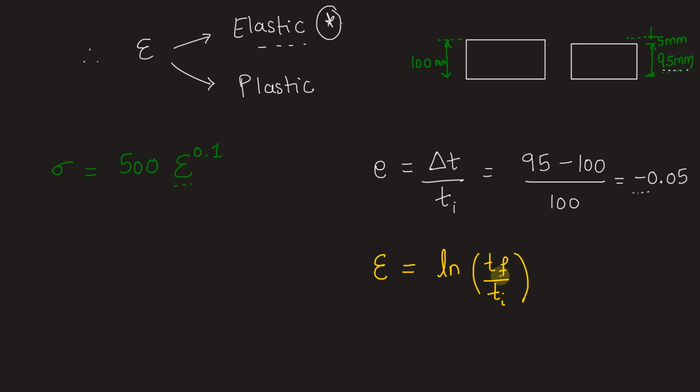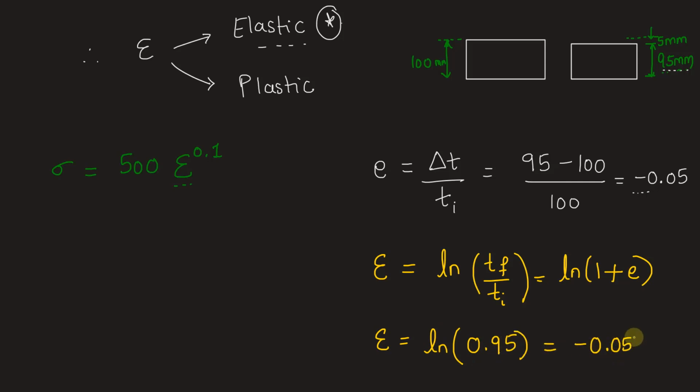Final thickness can be written as original thickness plus the change, and so we'll write this as ln of initial thickness by initial thickness gives us 1 plus change in thickness by original thickness, which gives us the strain e. By substituting minus 0.05 here, we get epsilon is equal to natural log of 0.95, which is nothing but minus 0.0513.